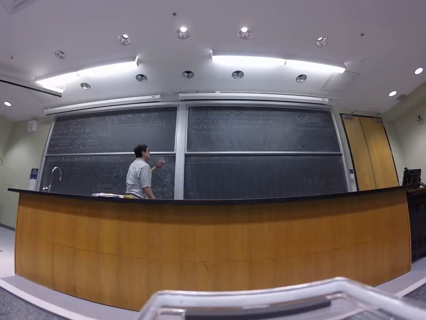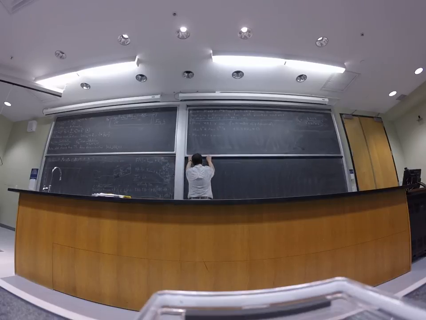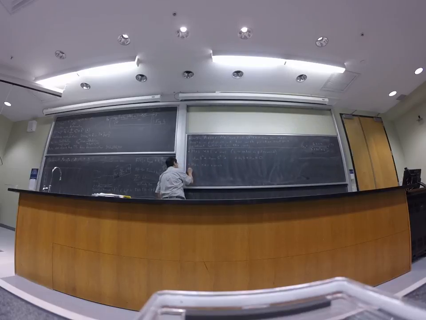Okay, so we have n plus 1 rows. Second bullet. First row, ready to make.